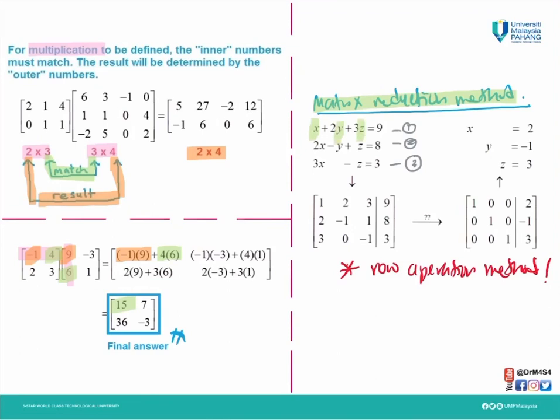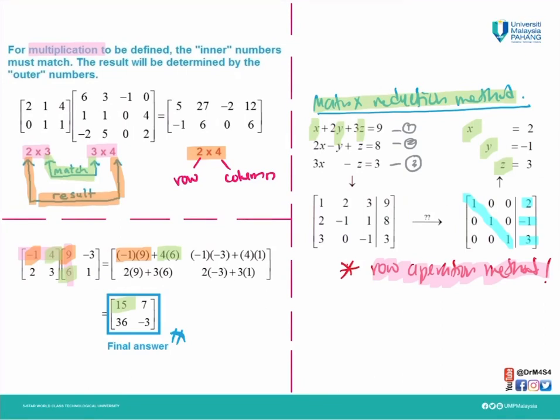Therefore, by using the row operation method, we can find the values of x, y, and z. Please remember, the value here is 1. And finally, from this shape, you know the values of x, y, and z.